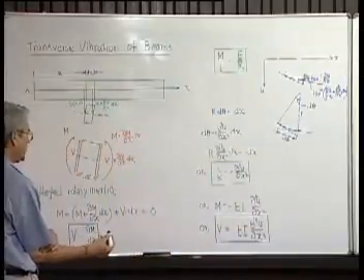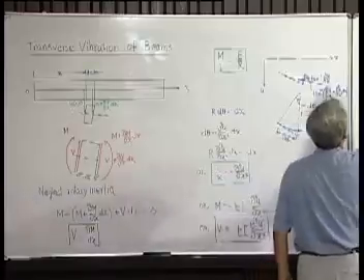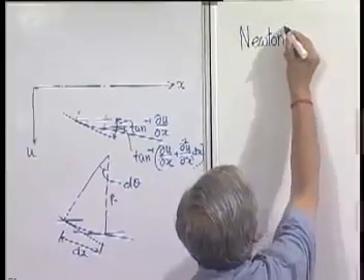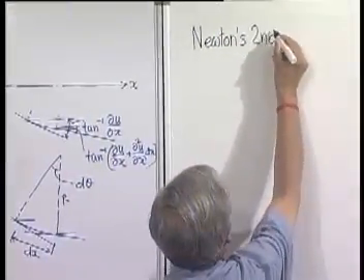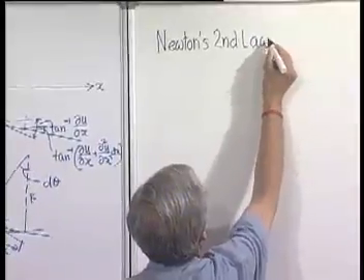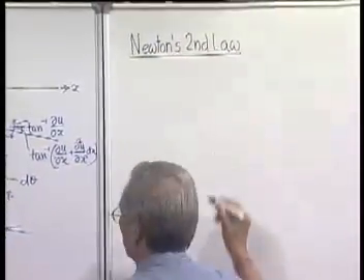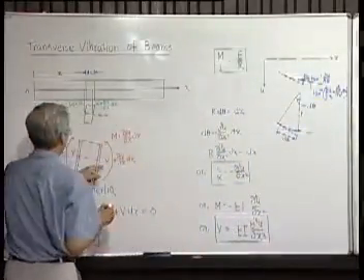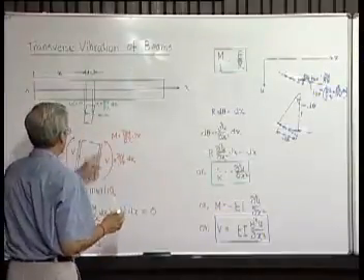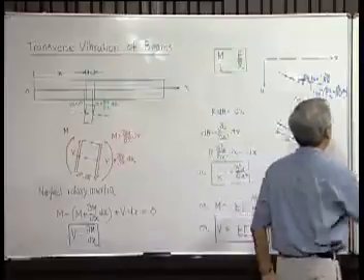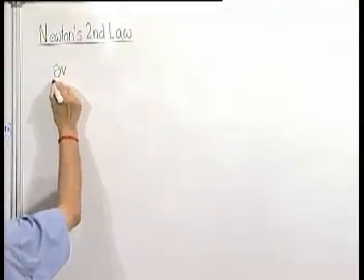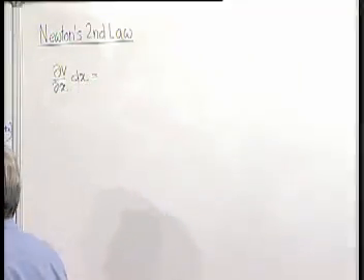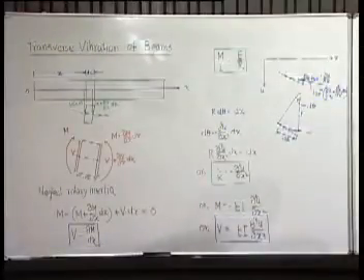Next we come to, again as usual, Newton's second law. So, total force acting on this in the transverse direction is V plus del V del x dx minus V. So, the resultant force is only del V del x into dx, and this must be equal to the acceleration of the element in the transverse direction multiplied by its mass.